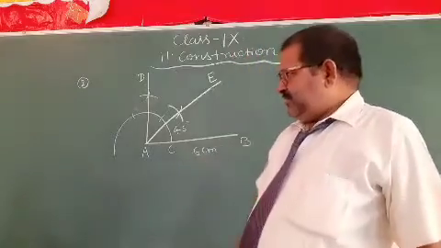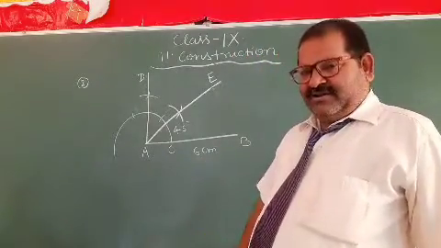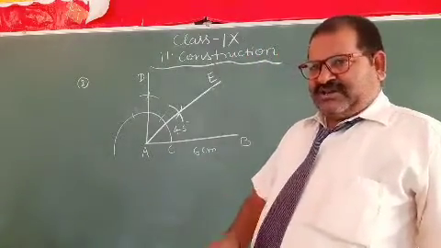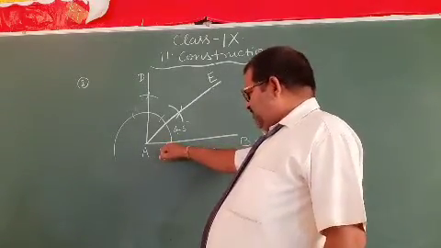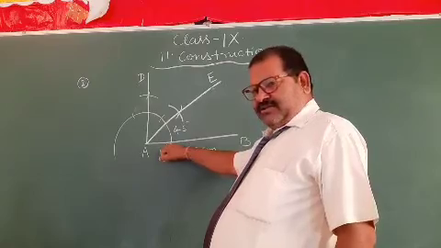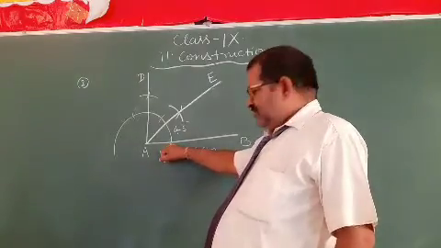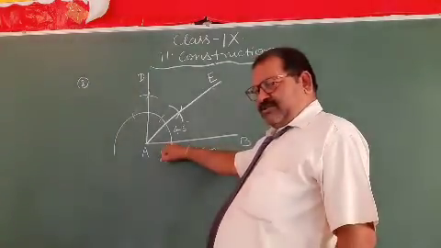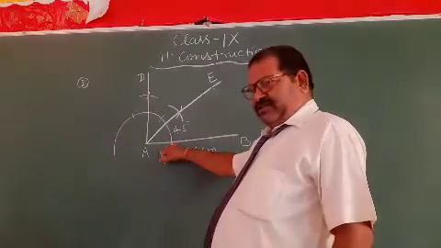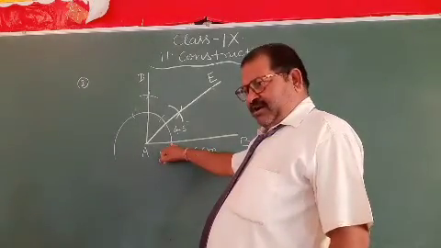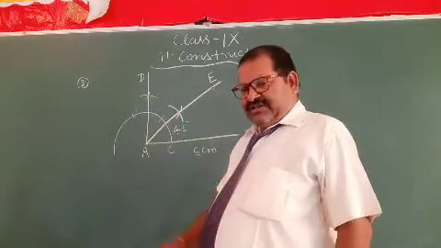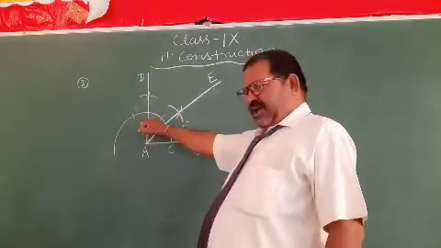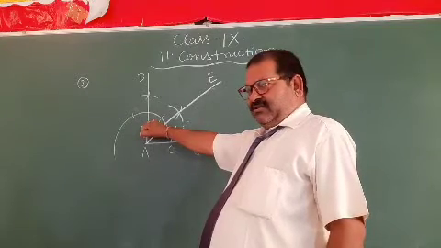The next point added: put the compass at the point C and take more than half distance of the angle of 90 degree.